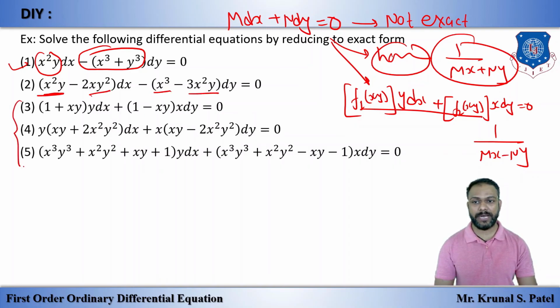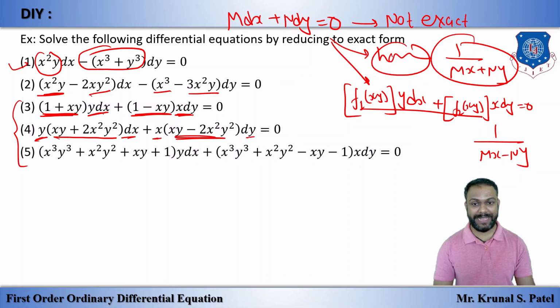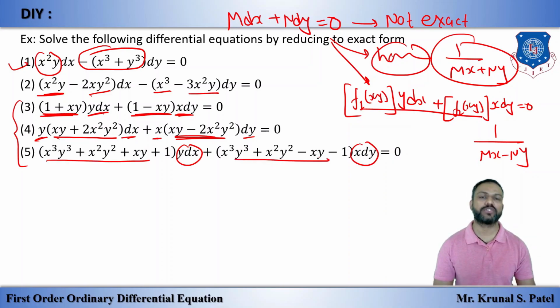And these three are of method 2. That means function of xy, as I told, y dx, function of xy, x dy, function of xy, y dx, function of xy, x dy. x dy and y dx must be there outside of this bracket. Function of xy, function of xy.